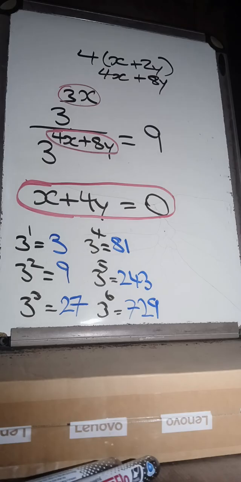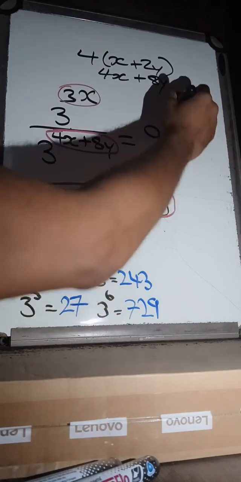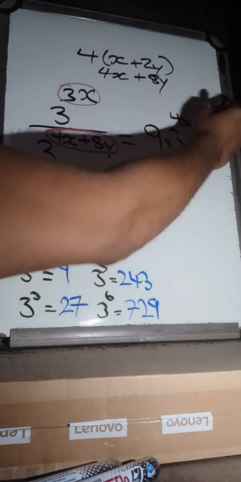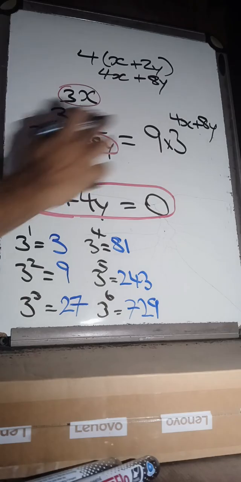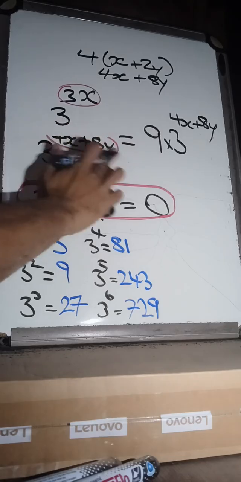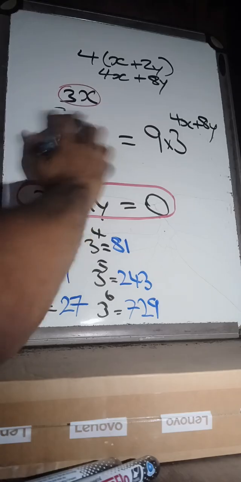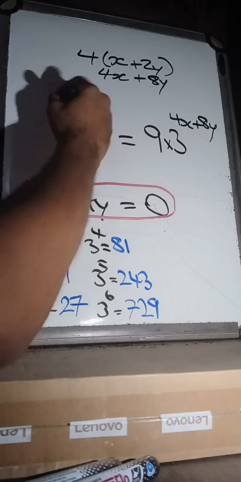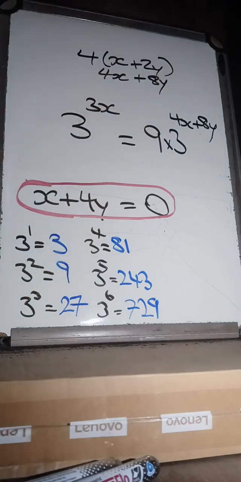So when this is multiplied by that, it multiplies by this as well, leaving us with 3 to the 3x is equal to all of that.